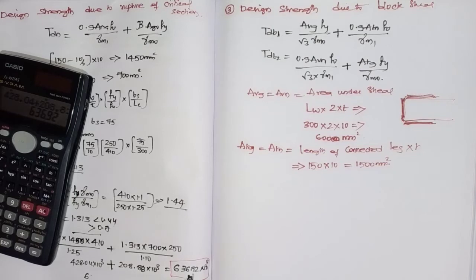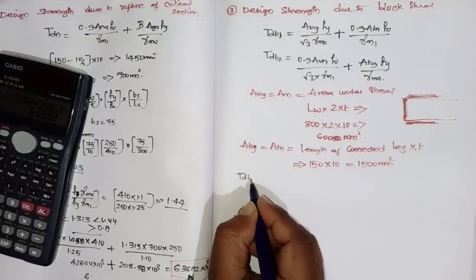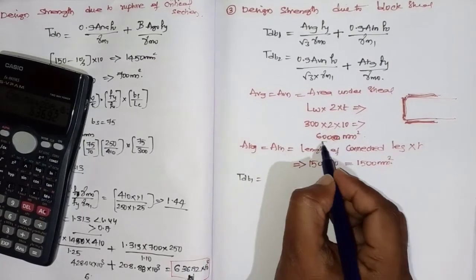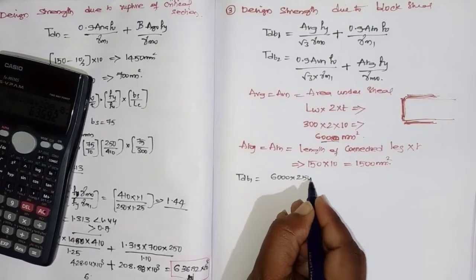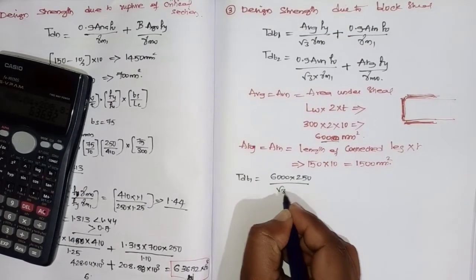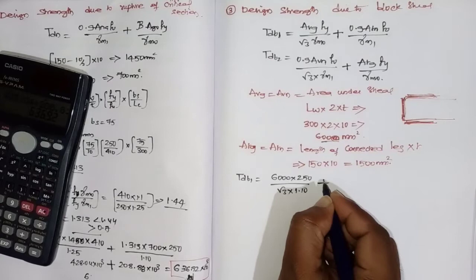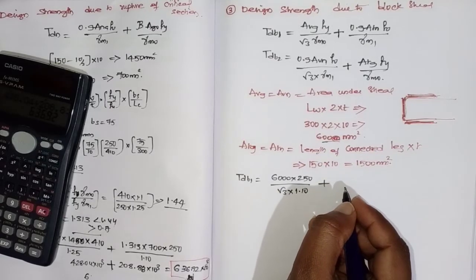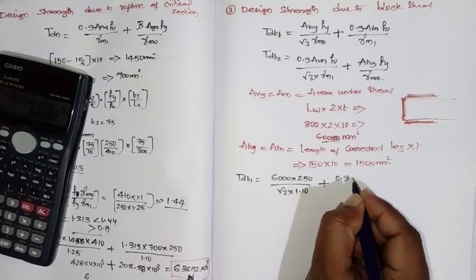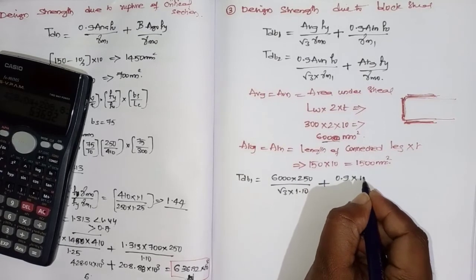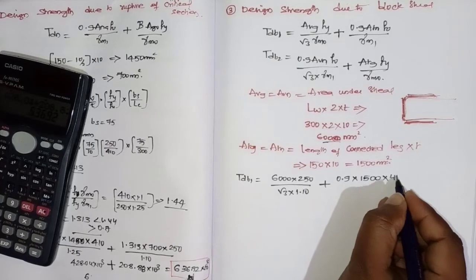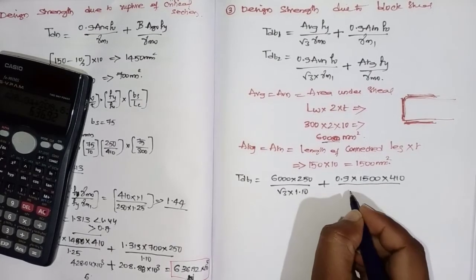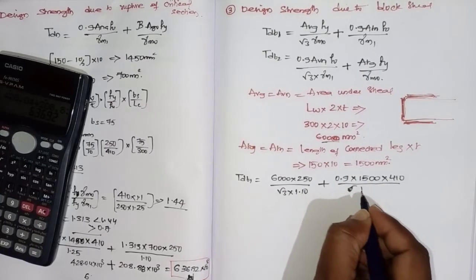Okay, now first we'll solve TDB1, right? TDB1 I will substitute here directly. AVG is 6000 into Fy 250 divided by root 3 into gamma m naught, it is 1.1, plus 0.9 into ATG, area under tension, 1500 into 410 divided by 1.25.